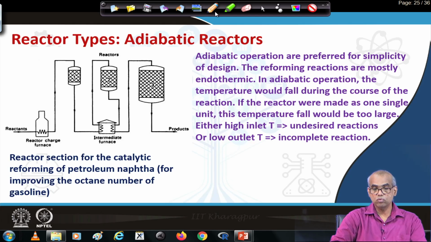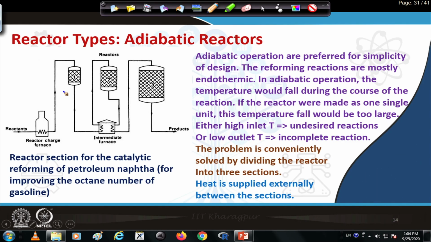So, to avoid this, we can increase the inlet temperature, otherwise we must have a low outlet temperature. If we use high inlet temperature, this can lead to undesired reactions and undesired byproducts, whereas low temperature at the outlet will lead to incomplete reactions.